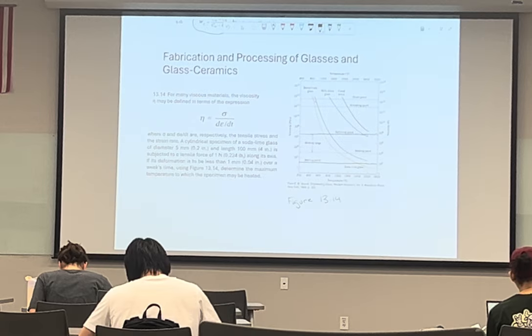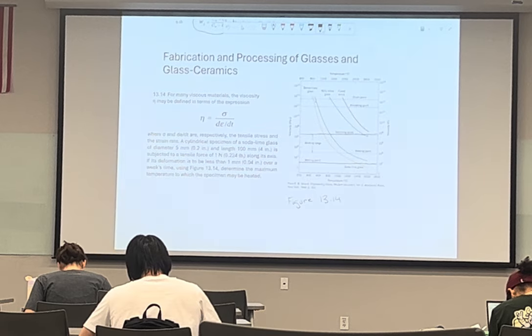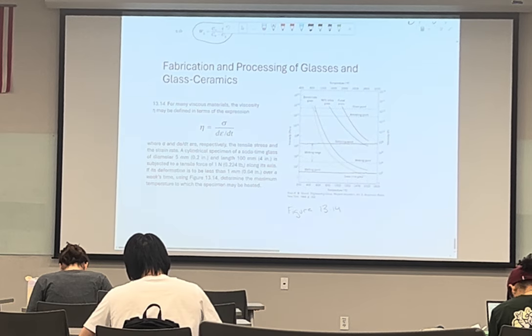And then if we go a little bit higher than that, we'll see an annealing point, which I believe is related to this problem in particular. That's at around 10 to the 12 pascal-seconds, and that is where atomic diffusion is sufficiently rapid that any residual stress can be removed in a very short amount of time, about 15 minutes. So basically, at that point, the glass is melting, and you can work with it as you need to.